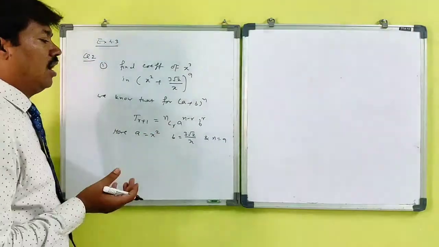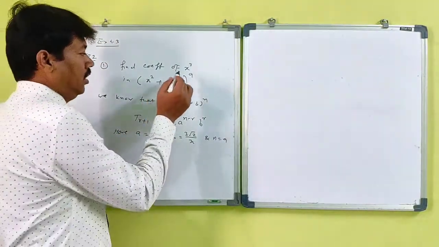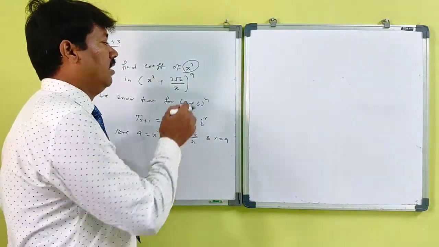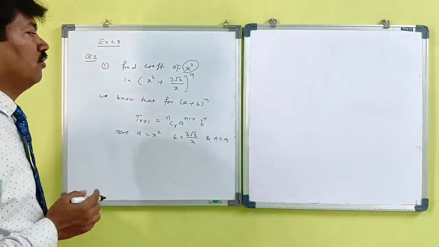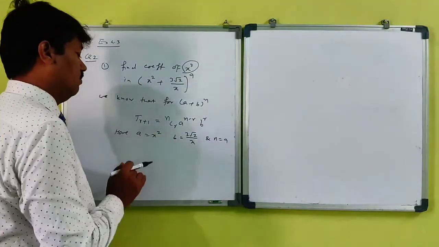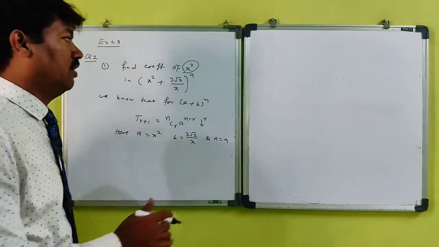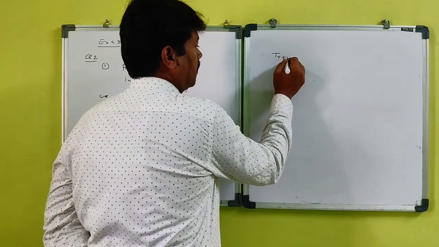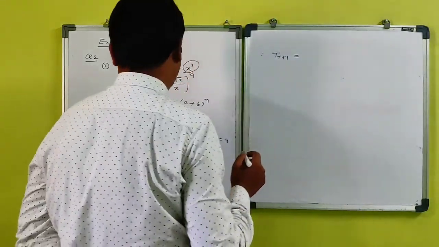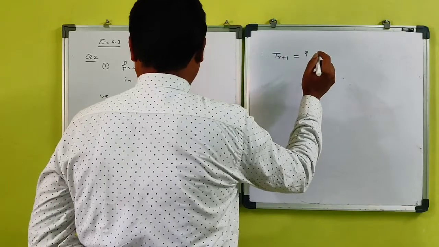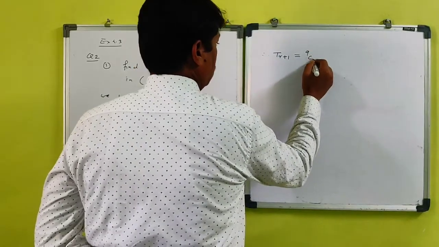We don't know what r is, and we don't want to find r, but we want to find the coefficient of x cube. So in this question we first find the general term. Put these values in this. Therefore t r plus 1 is equal to 9 C r, we don't write any value of r.